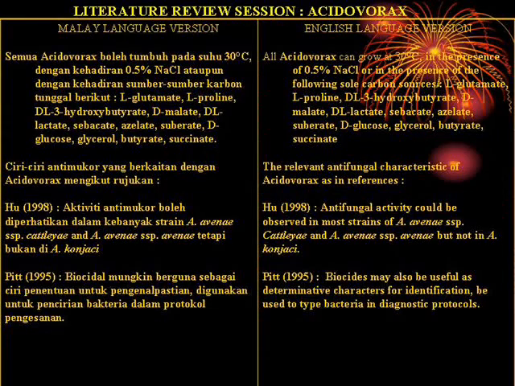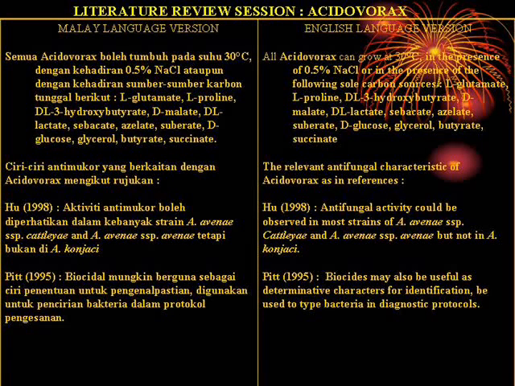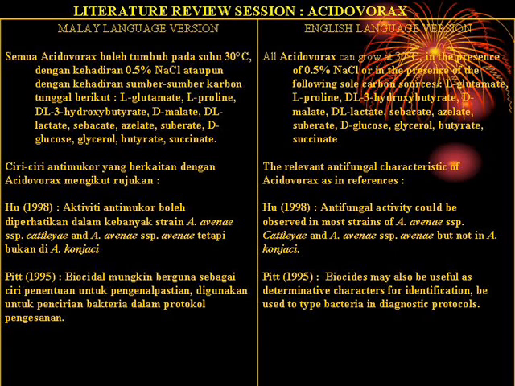This slide has been presented in both languages, Malaysian and Indonesian on the left and English on the right. All Acidovorax can grow at 30 degrees Celsius in the presence of 0.5% sodium chloride, or with carbon sources like L-glutamate, L-proline, or DL-3-hydroxybutyrate solely.